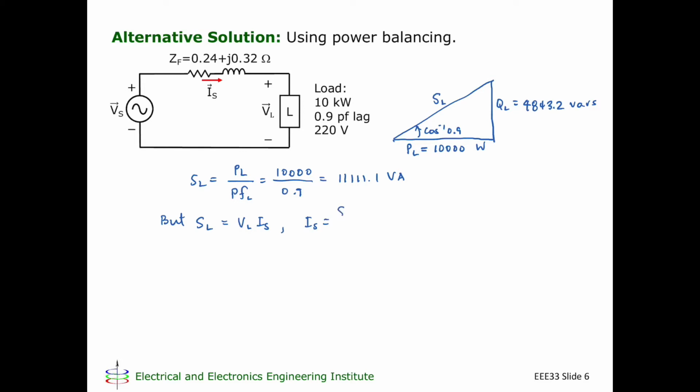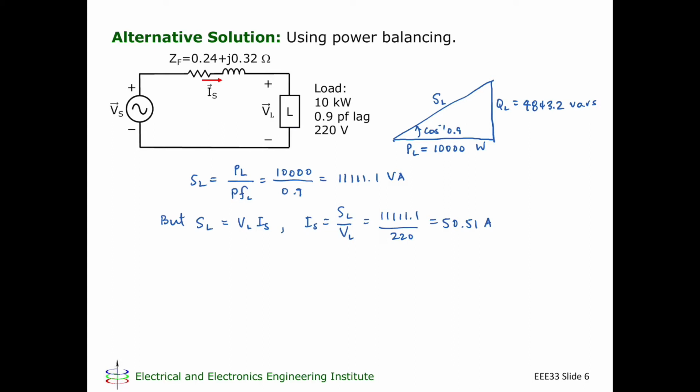This is S of L over V of L, divided by 220. And I'm going to get 50.51 amperes. Notice that this is consistent with the magnitude of I of S, which we computed earlier.